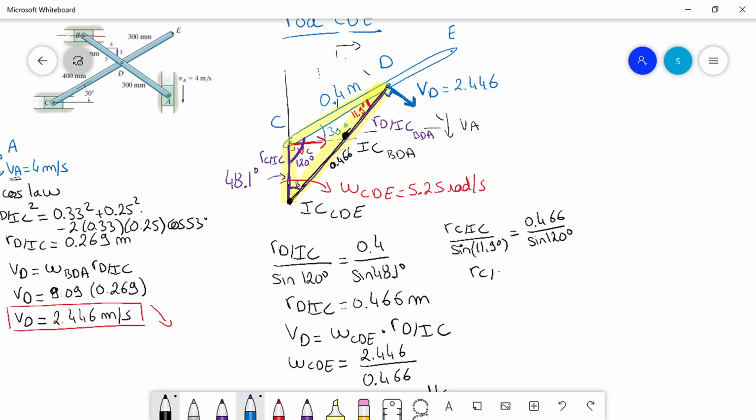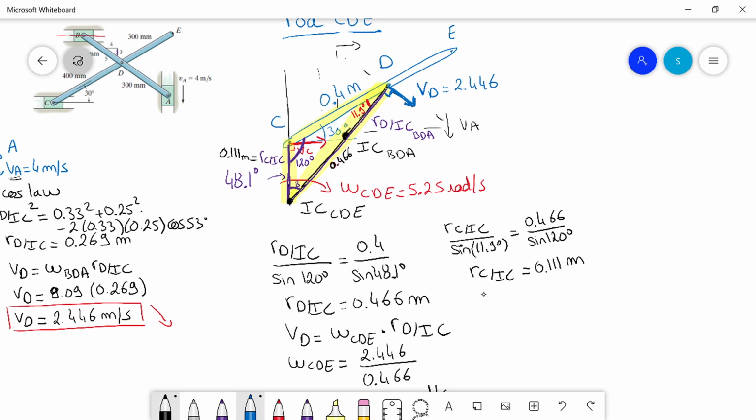So RC about IC is equal to 0.466 times the sine of 11.9 divided by the sine of 120. That's 0.111 meter.